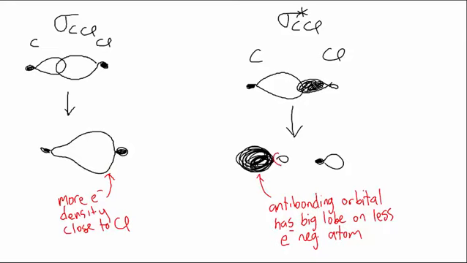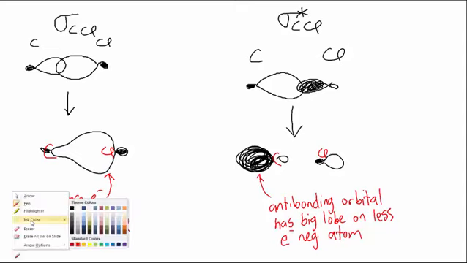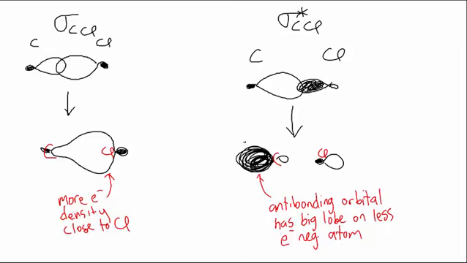This is carbon, this is chlorine. So the bonding orbital lies closer to chlorine. The antibonding orbital lies more on carbon. And again, that's going to have repercussions in terms of reactivity.